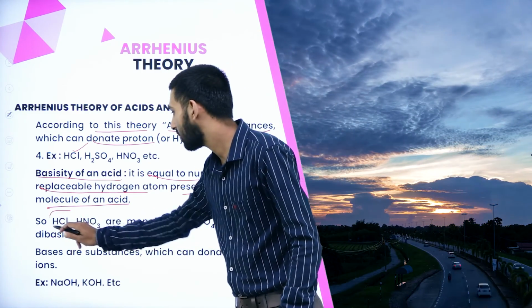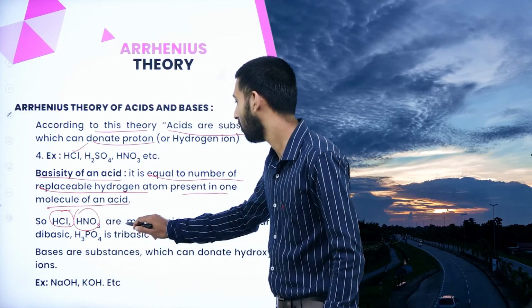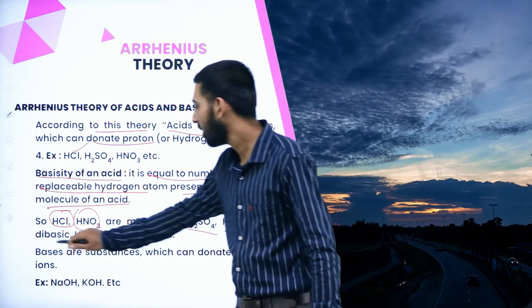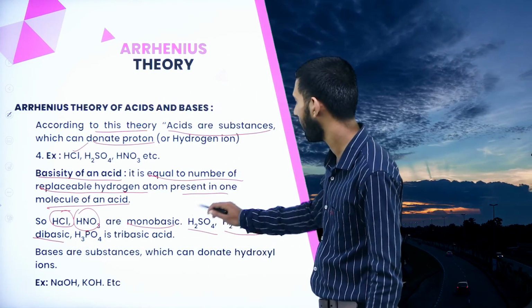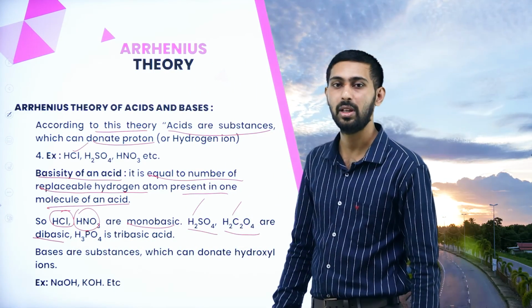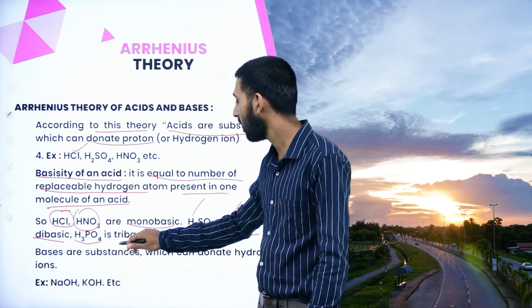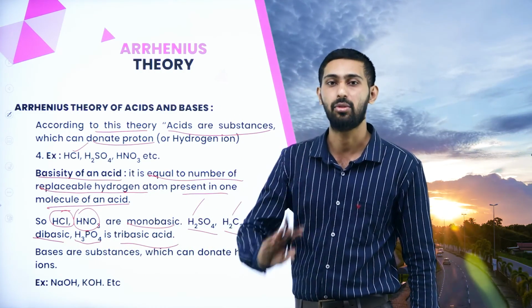Examples: HCl and HNO3 are monobasic, but H2SO4 and oxalic acid are dibasic because there are two hydrogens. But H3PO4, hypophosphoric acid, is known as tribasic because of three hydrogens.